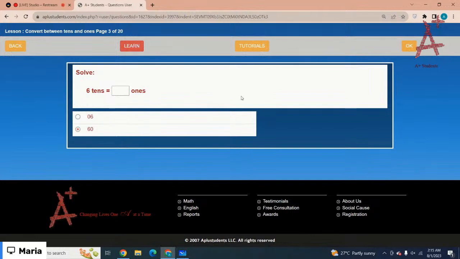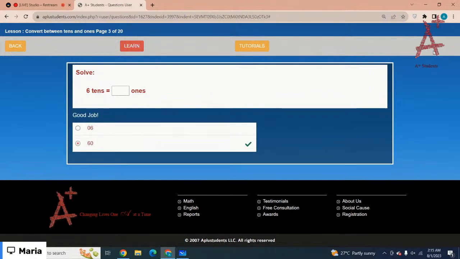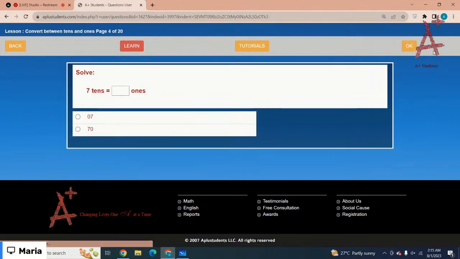The correct option is 60. 7 tens means you have 7 at the tens position. You are not given a ones position, so at the ones position it would be 0. So 7 tens equal 70 ones. The correct option is 70.